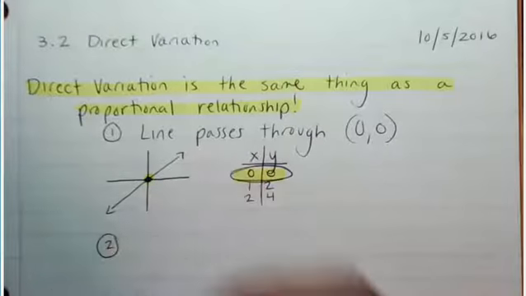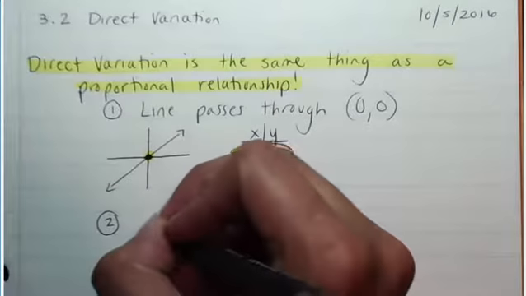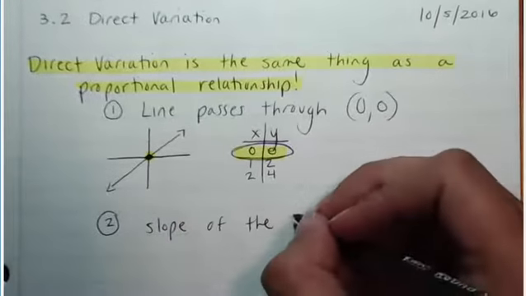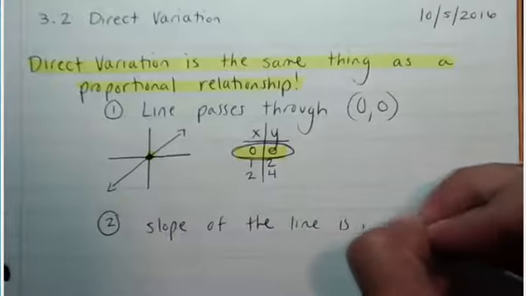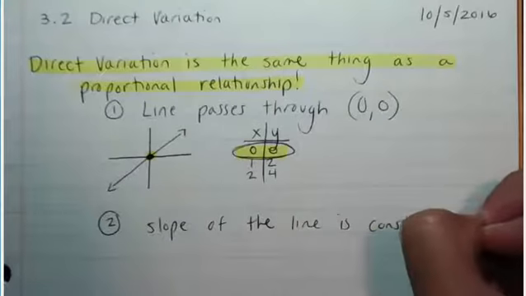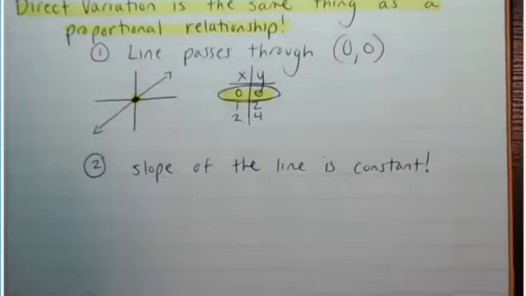The second thing it must have to be proportional or a direct variation is that the slope of the line is constant, which makes it a line. Constant slope or constant rate of change makes that a line.